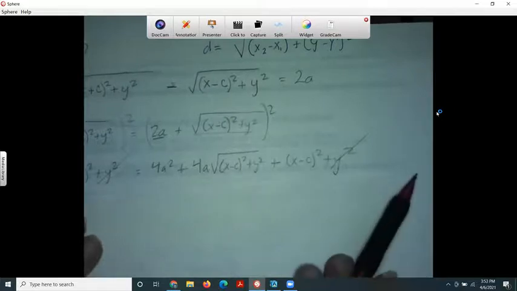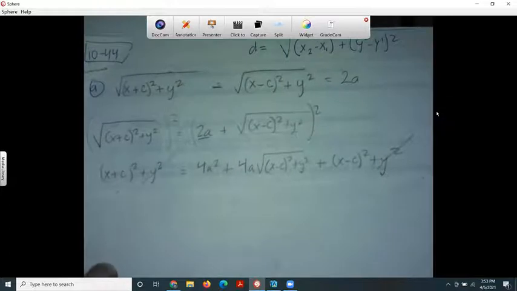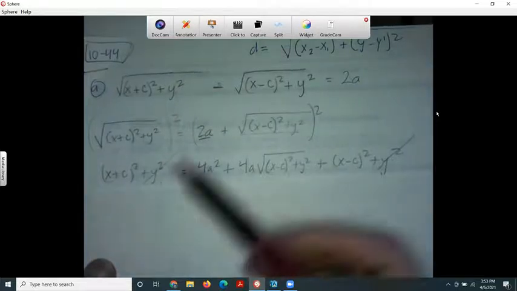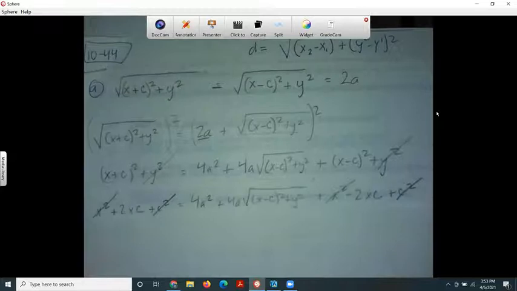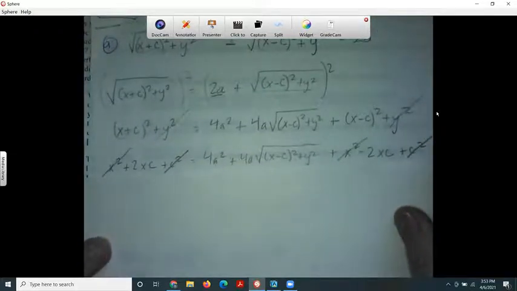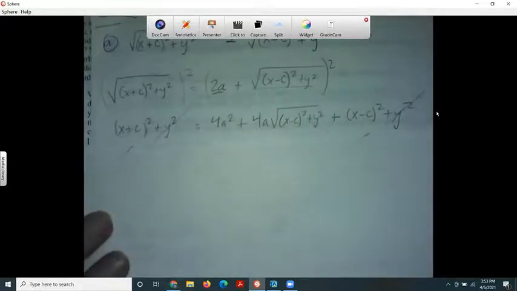And then before I move to the next step, I just take a look at it and ask myself, is there anything I can do to make this easier for myself? Well, I saw that I had a y squared here and a y squared here, so I just crossed them off. Okay, and then I did two things at once.